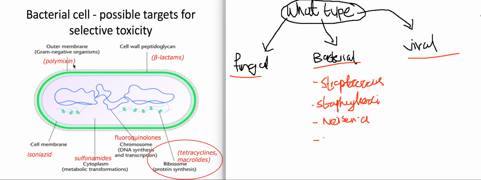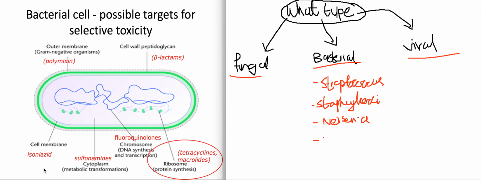Polymyxins usually go against the outer membrane. These are also different types of antibiotics, but beta-lactams are probably the most commonly used ones. Polymyxin is not that commonly used. Among antibiotics that target the cell membrane is isoniazid, prescribed as a first-line treatment for tuberculosis.